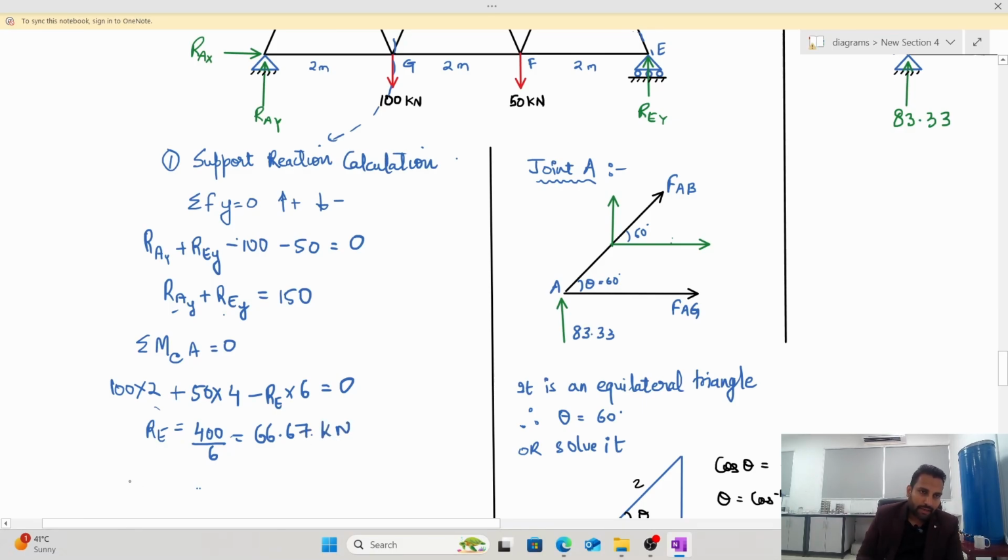Once you get REY, you can get RA, which is 150 minus 66.67, which comes out to be 83.33.